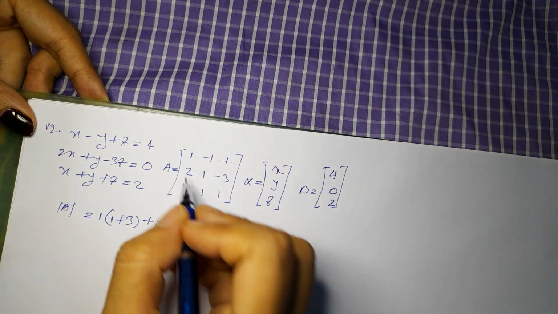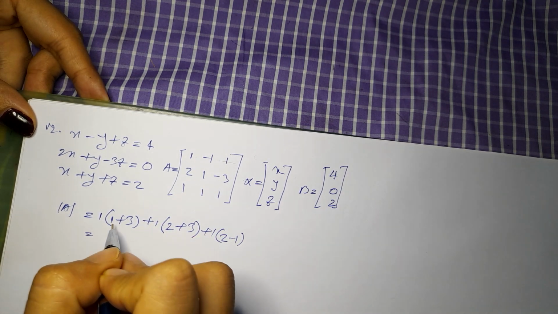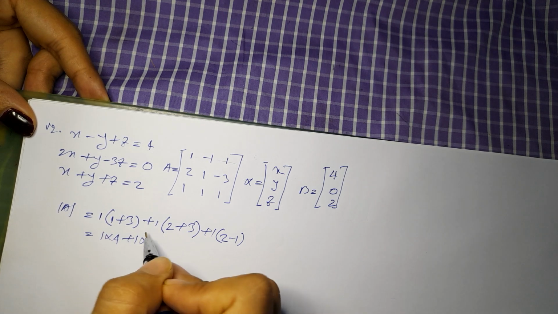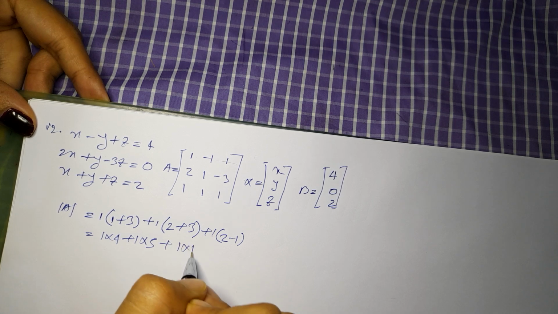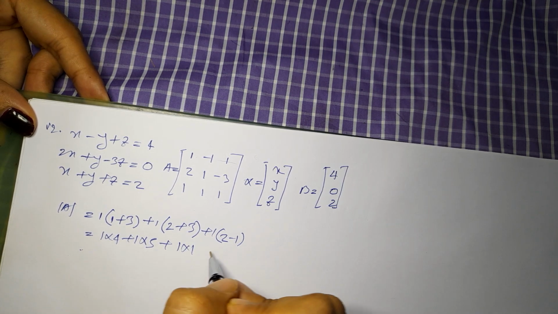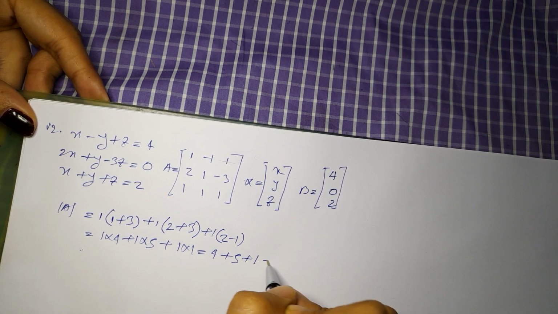Eliminate this row and column: 2 minus 1. So 1 into 4 plus 1 into 5 plus 1 into 1. So it gives 4 plus 5 plus 1, which is 10. So 10 does not equal 0.